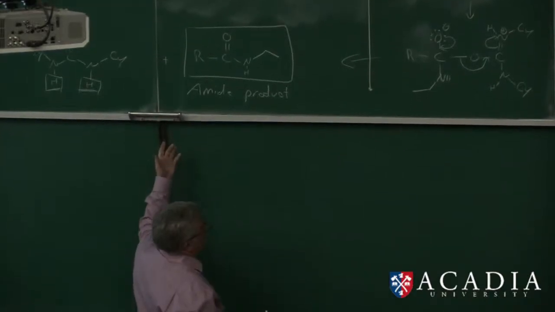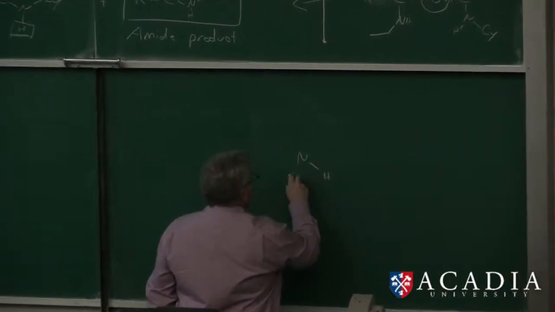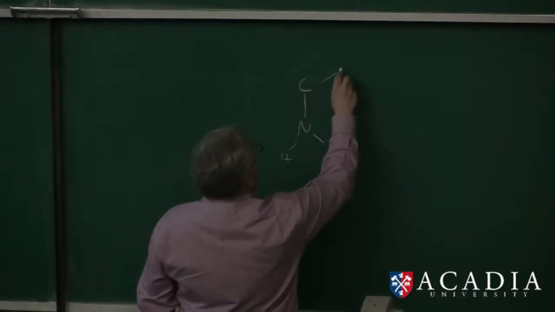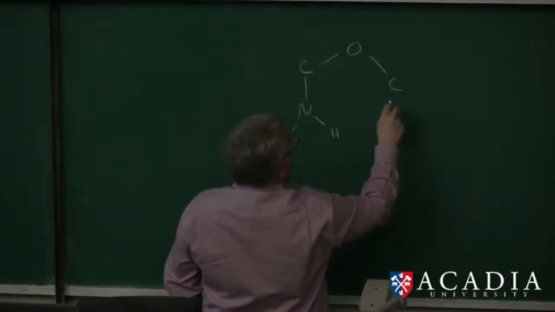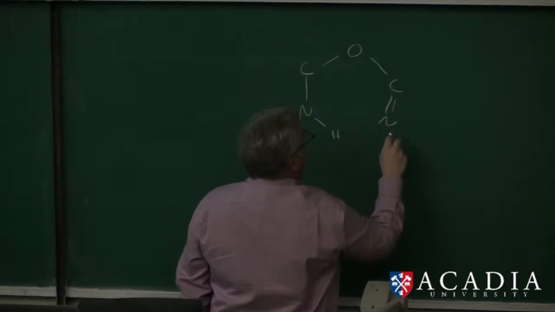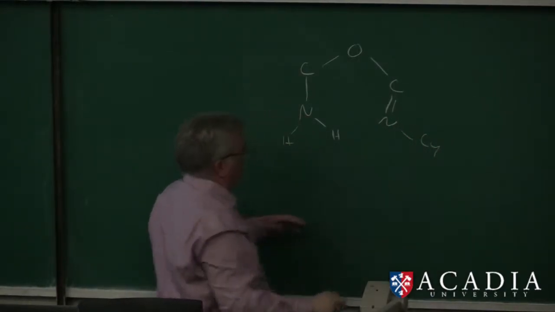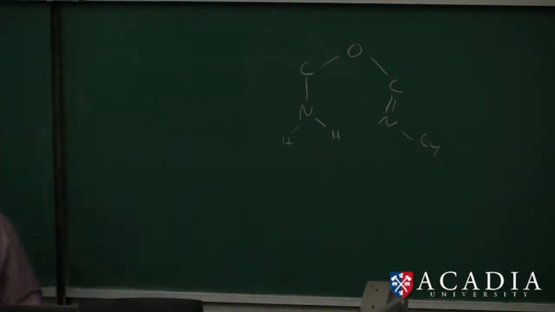Let me just draw the skeleton there. We have an NH2 bonded to a carbon, bonded to an oxygen, bonded to another carbon, and we now have a double bond to the N, okay? And that has cyclohexyl. The rest we don't care about. Does everybody see what I just drew?